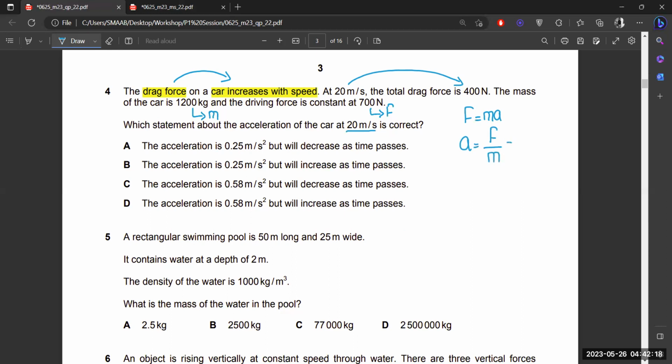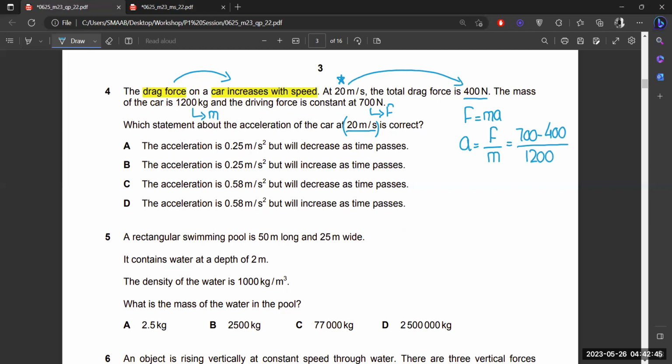So mass is constant, but for force, we know that the driving force is constant at 700, and they are talking about 20 meter per second. So at 20 meter per second, we have a drag force of 400 Newton. So 700 is our driving force, 400 is the drag force, divided by the mass, which is 1200.